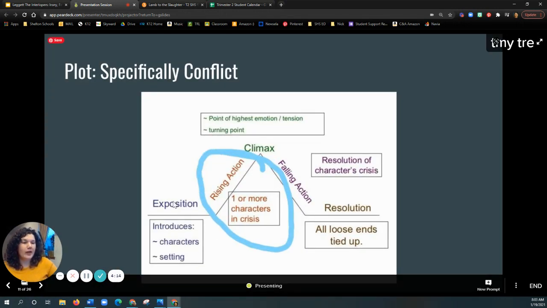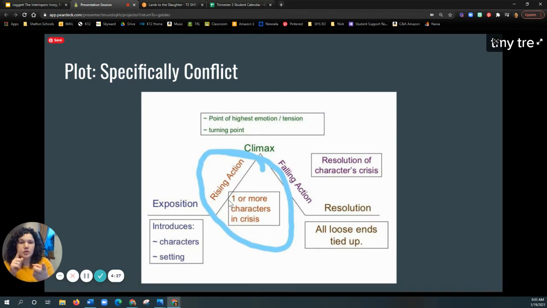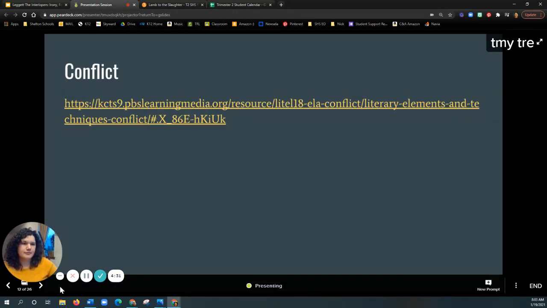So foreshadowing often happens in the exposition and a lot in the rising action. In plot, the rising action, this time we're going to focus on conflict. This is where the Pear Deck comes in. Are you ready? So what is conflict?